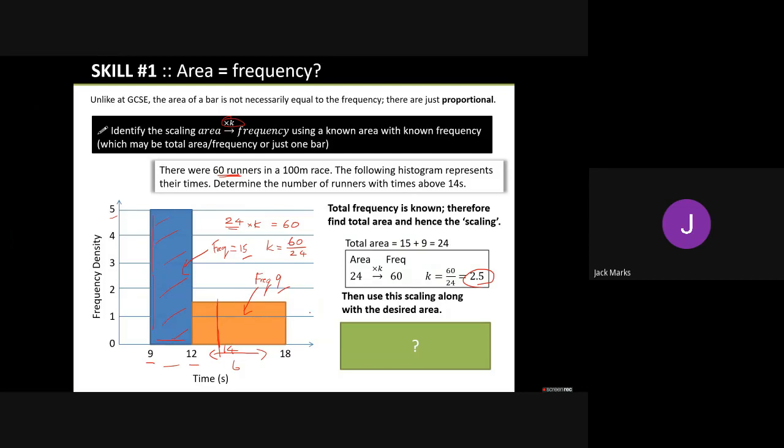So 2/3 will give me 6. And then I need to apply the scale factor. And this will tell me the actual frequency, which is 15. So what you're doing is you're connecting information from the question with what you see from the diagram to see if anything needs to be scaled up.